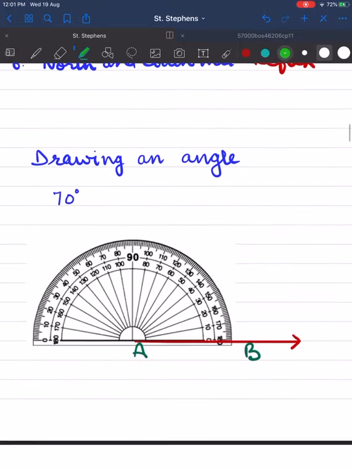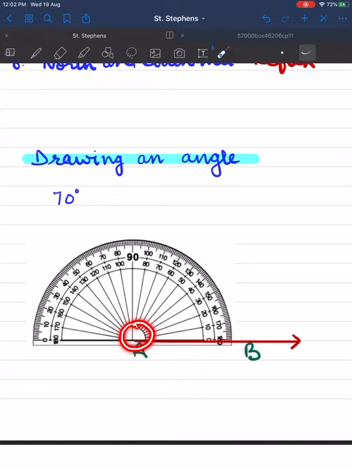Now let's draw an angle of the given measure, 70 degrees. Now we draw a ray AB and we place the protractor on AB such that the midpoint of the protractor is on vertex A of the angle.